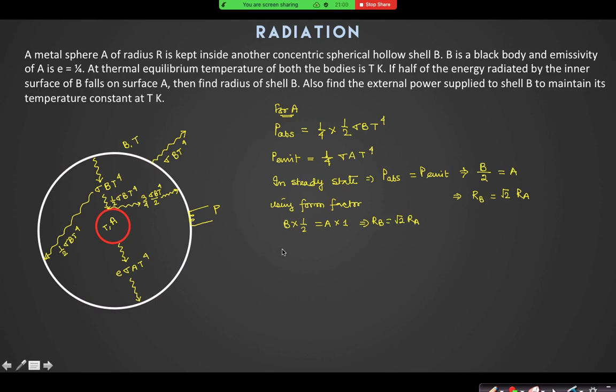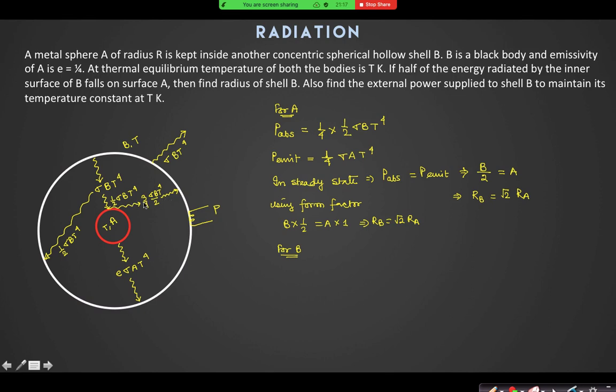Now what is for B? What is the power that it is taking? What is the power that is falling on it? It completely takes it because it is a black body.